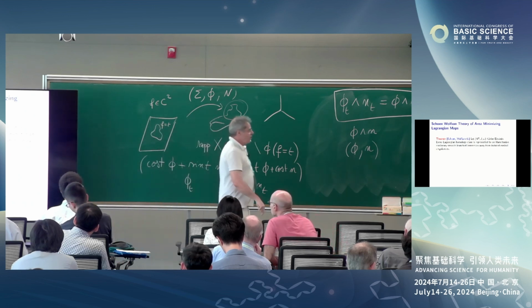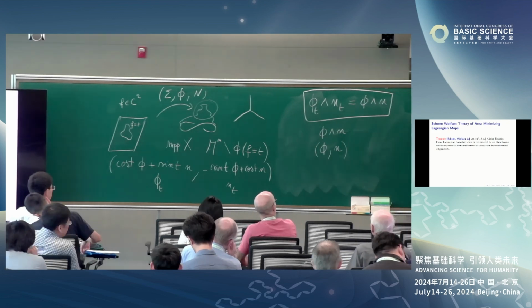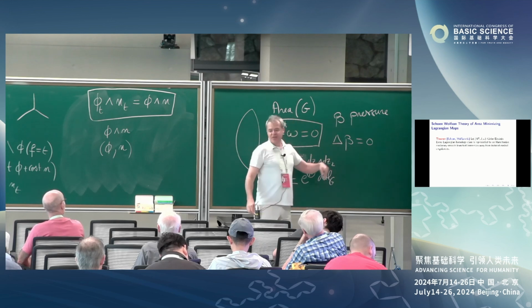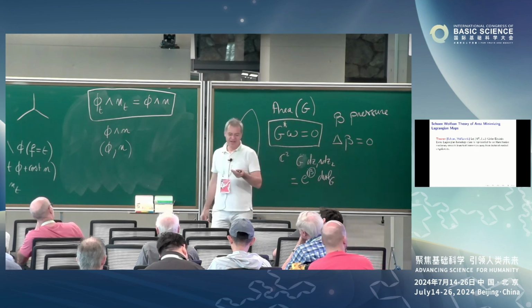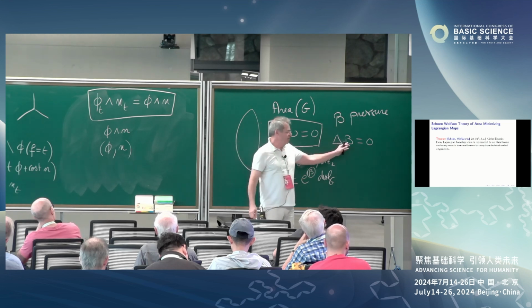So the Euler-Lagrange equation here is simply the Laplacian of beta equals 0, which you would think is a nice equation. But there is an issue there, that e^{i beta} is well-defined, but beta is not well-defined. It's not single-valued.